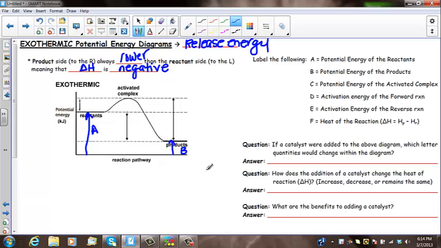The potential energy of the activated complex that goes from the reaction line all the way to the top.